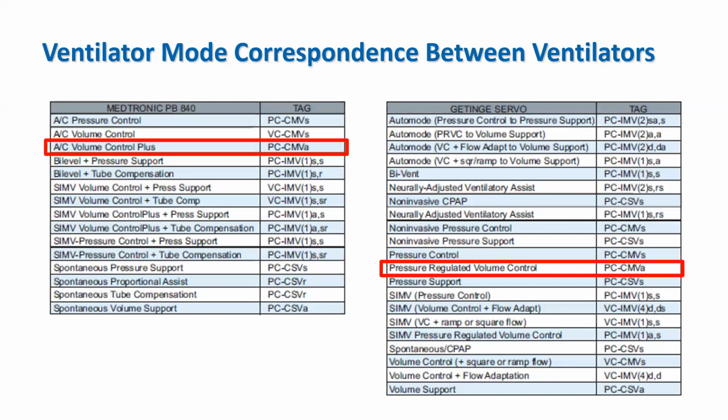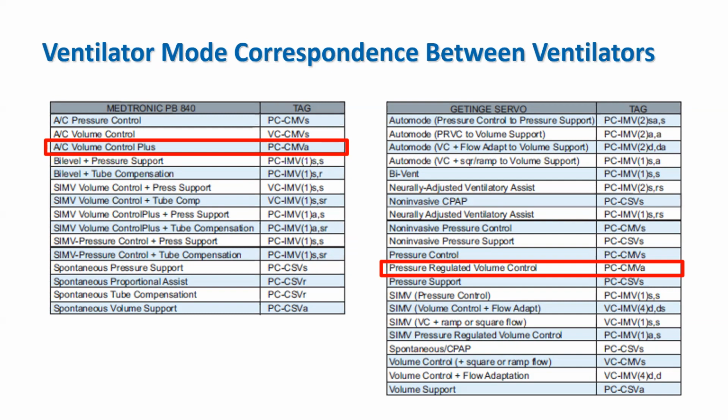Now, there's a database that runs this phone app, and the way it works is shown in these tables. For example, the table on the left shows that this ventilator has a brand name mode called AC Volume Control Plus. But by looking at its generic tag, you see that it's not volume control at all. It's pressure control with adaptive targeting.